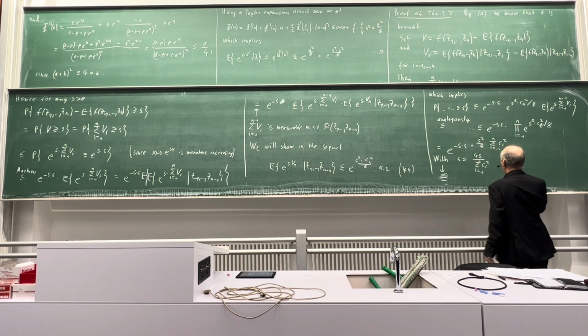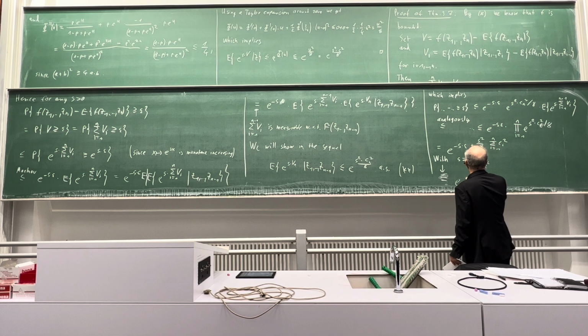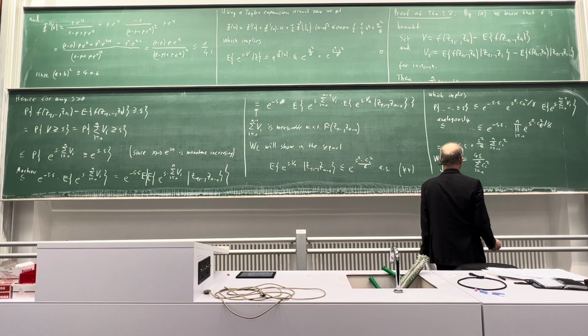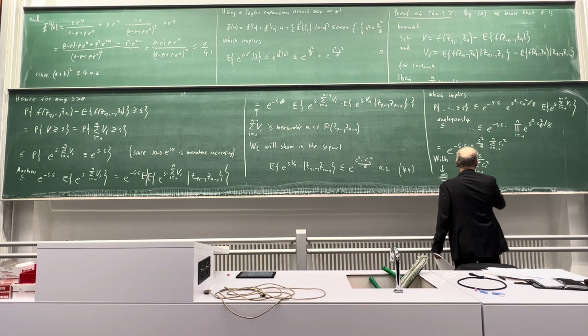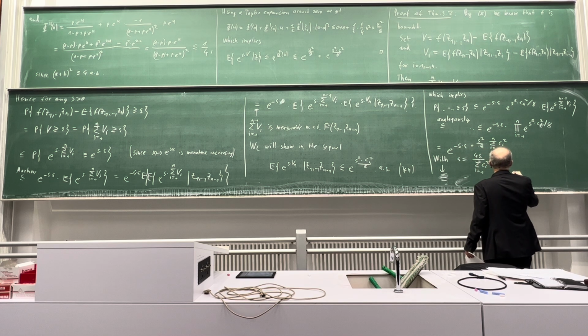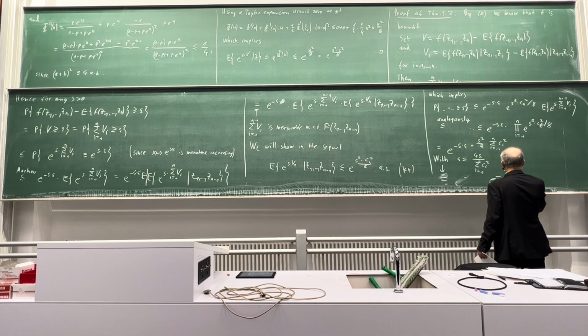So you get e to the power minus 2 epsilon squared divided by the sum.